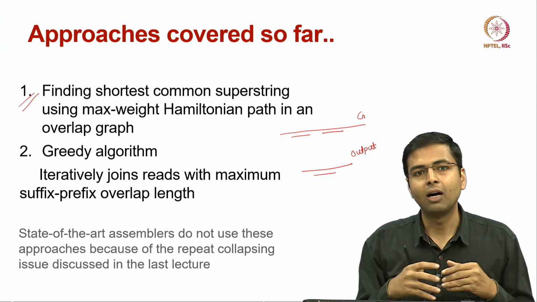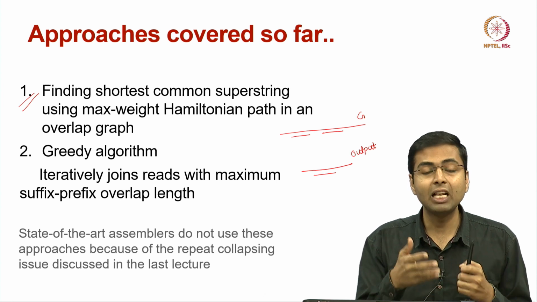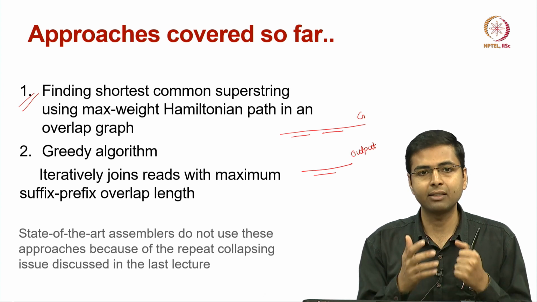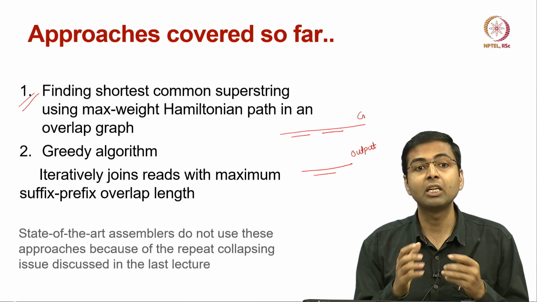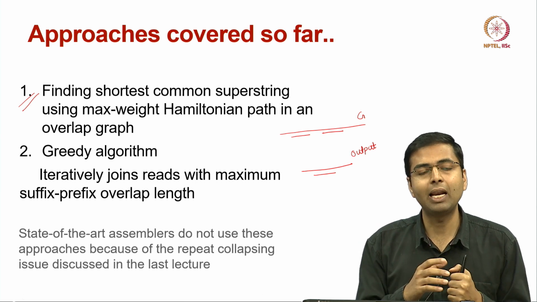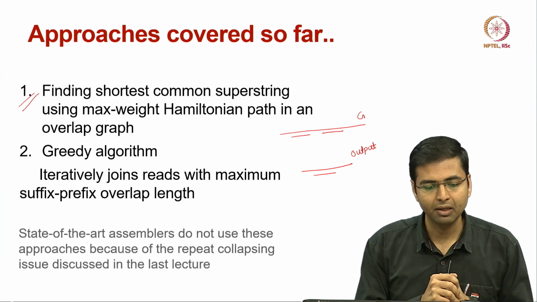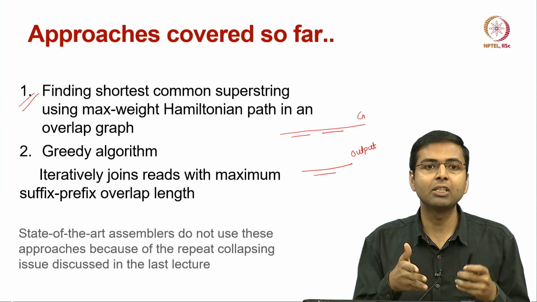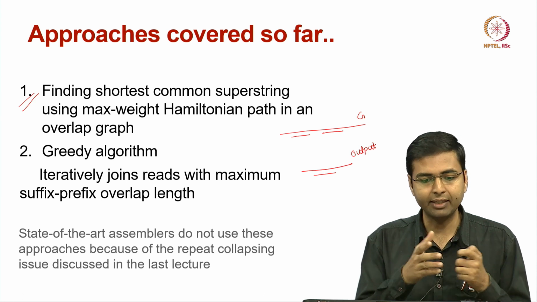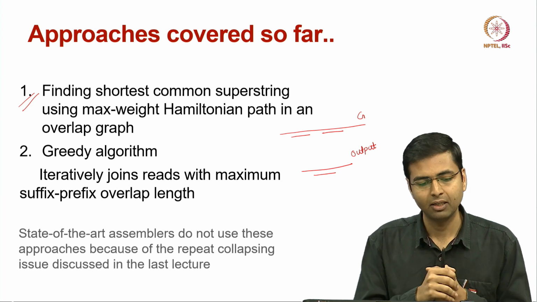So unfortunately, because of this limitation, state of the art assemblers do not use either of these two approaches, because of the repeat collapsing issue that we saw in the last lecture. Because these were the first formulations for genome assembly, we started by looking at them.